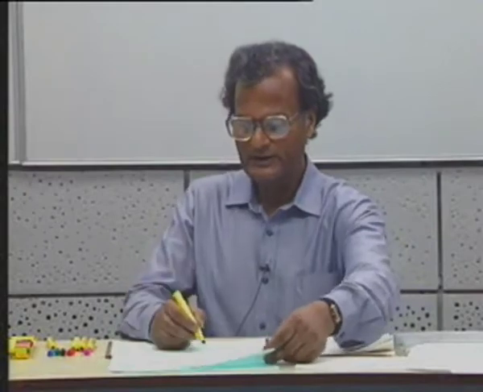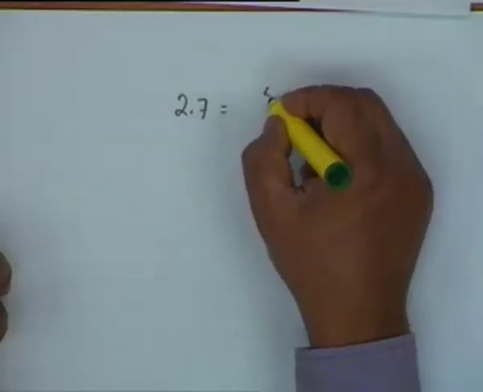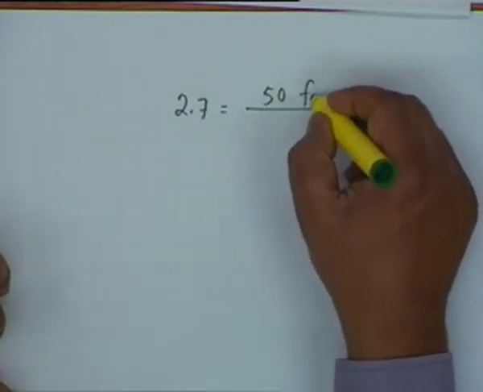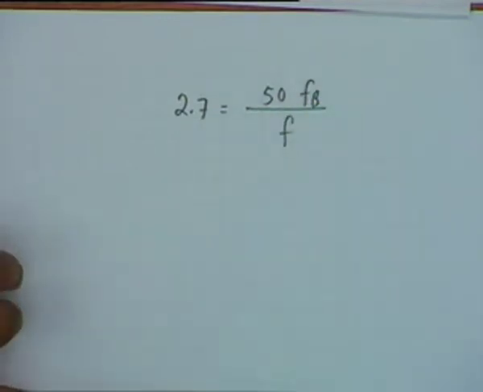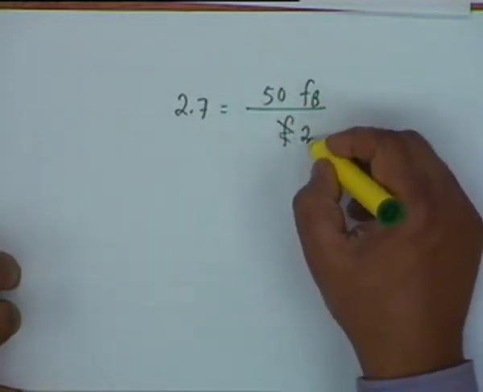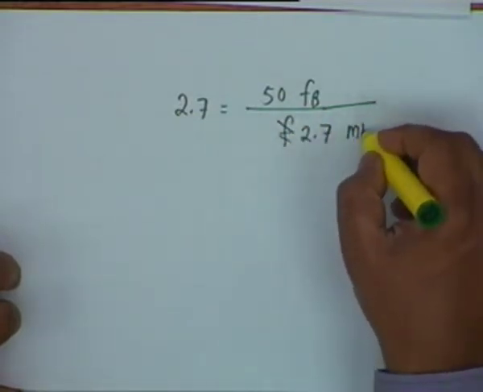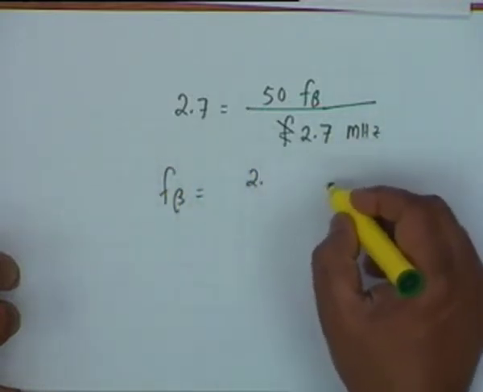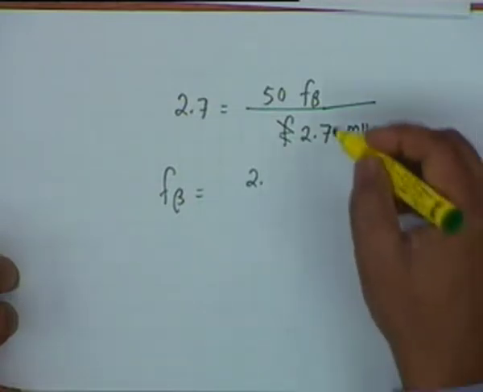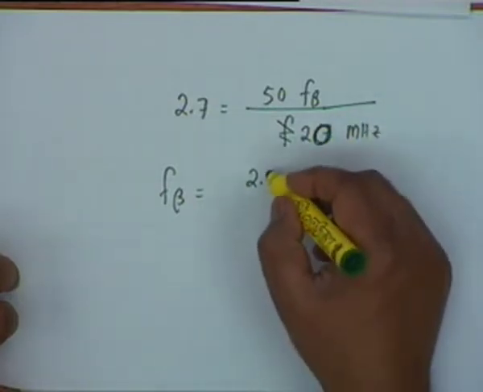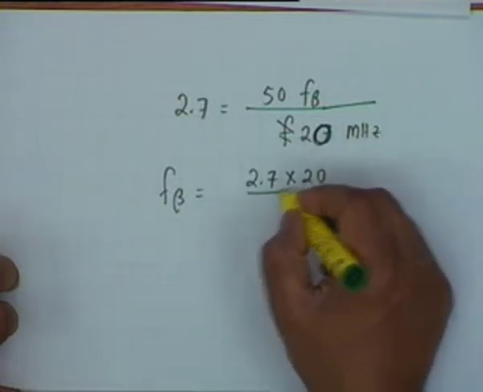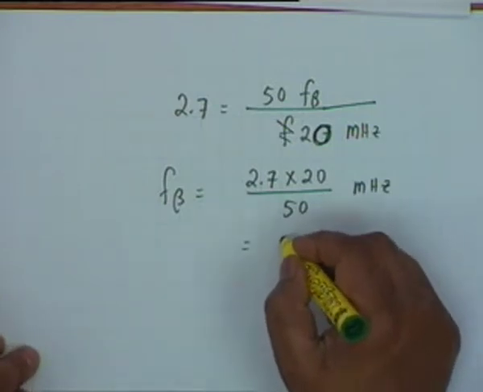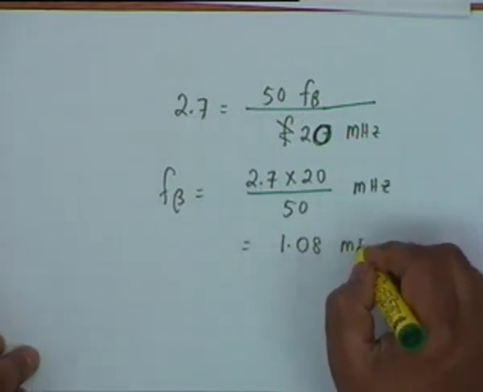Therefore you can write 2.7 as equal to 50 divided by f by f beta, where f is 20 megahertz, and therefore f beta is 2.7 multiplied by 20 divided by 50 megahertz, and this is equal to 1.08 megahertz.